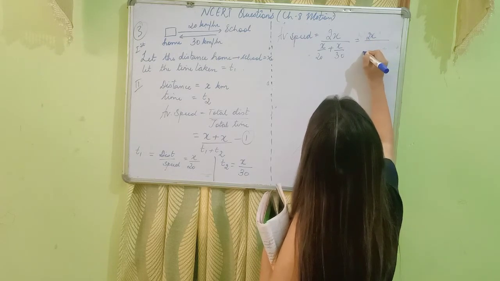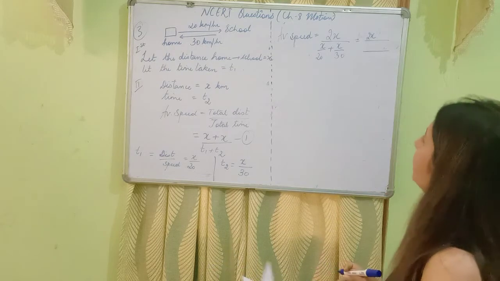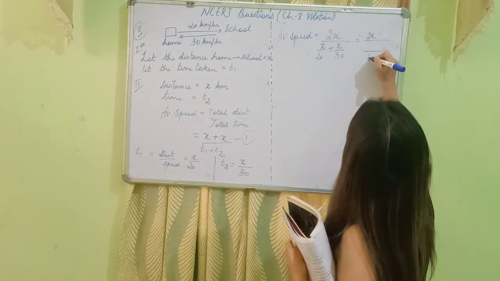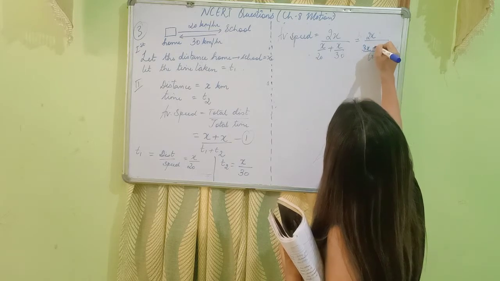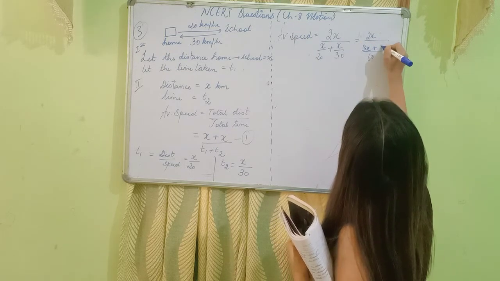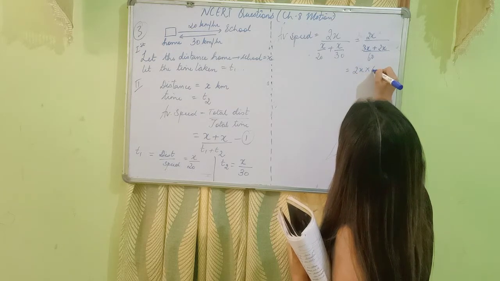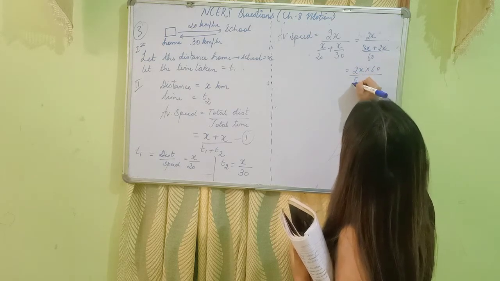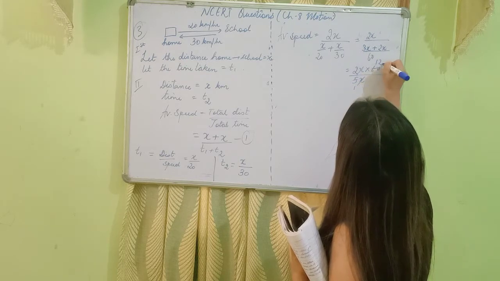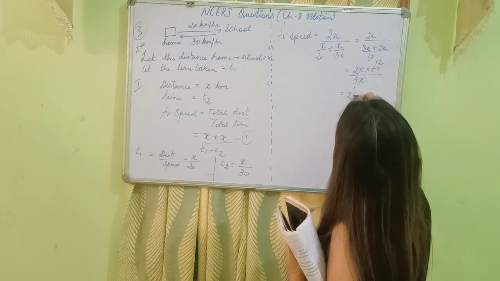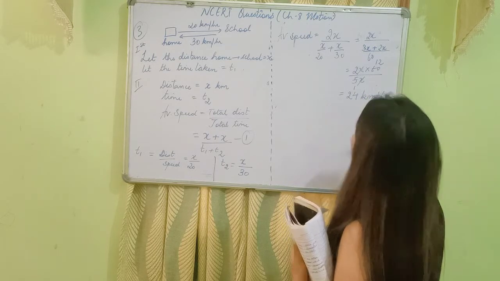LCM of 20 and 30 will come out to be 60. 20 3s are 60, so 3x. 30 2s are 60, so 2x. This will come out to be 2x into 60 by 5x. x and x cancel, 5 12s are 60, so this comes out to be 24 kilometers per hour.